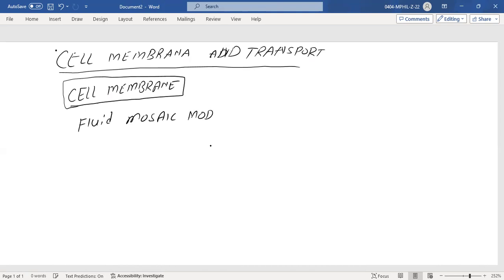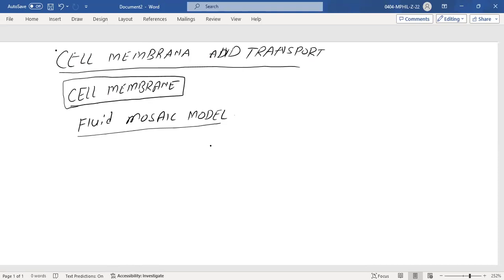This model helps us understand the structure of the cell membrane and how this structure helps a cell to maintain its shape and transport material from inside to outside or from outside to inside.